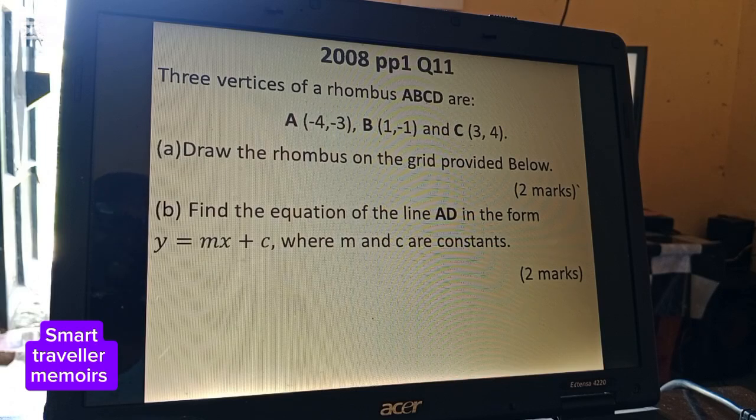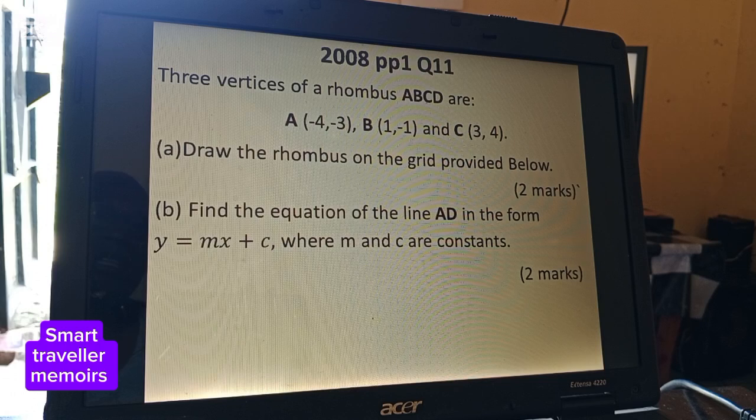In this question, you are told that three vertices of a rhombus ABCD are A(-4, -3), B(1, -1), and C(3, 4). Your work here, in part (a), is to draw the rhombus on the grid provided below.